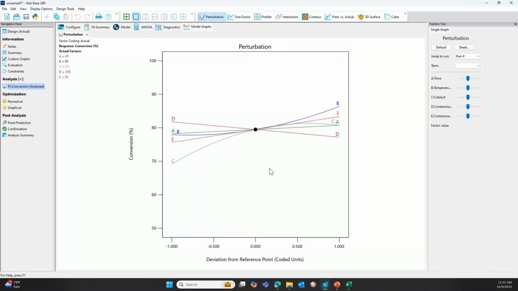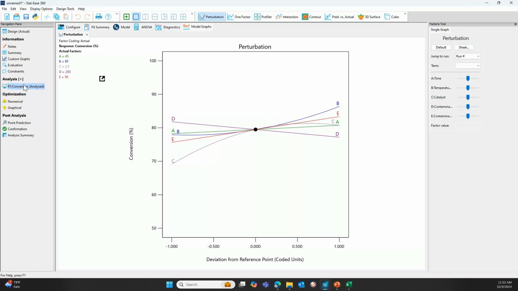E, on the other hand, is an interesting one because that's actually helping our conversion. Somehow it's buffering the system, maybe it's blocking a side reaction, whatever it is. A little bit of that particular contaminant is actually showing some benefit to the system. So it's an unusual contaminant because we like it. Anyway, the contaminants are competing against one another as we do this.